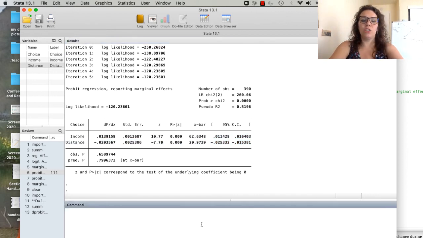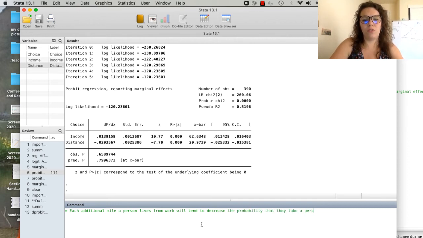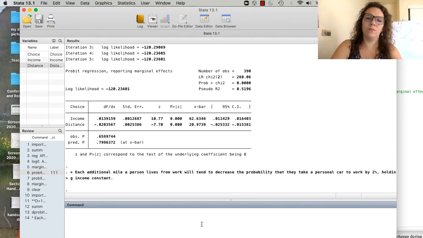So we can interpret these results by saying each additional mile a person lives from work will tend to decrease the probability that they take a personal car to work by 2%, holding income constant. Cool?